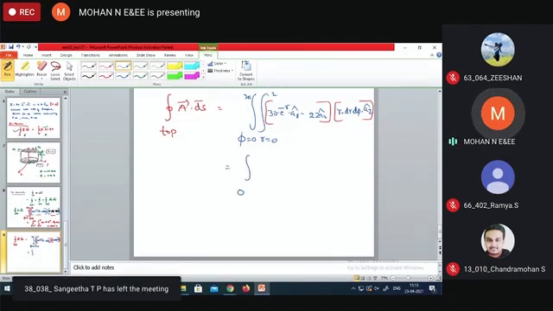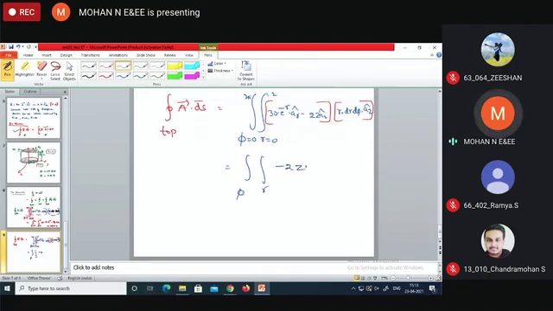If you simplify, you get minus 2 into z into r into dr into d phi. Solving it gives minus 40 pi. This is the top surface.